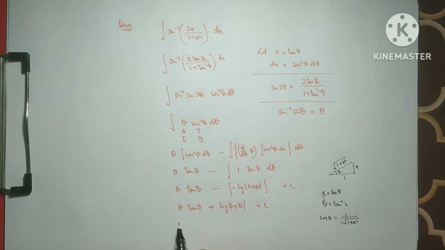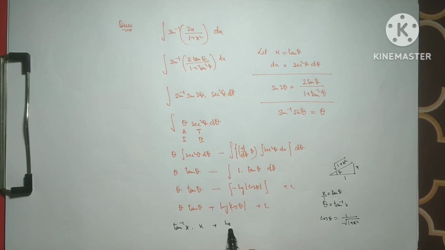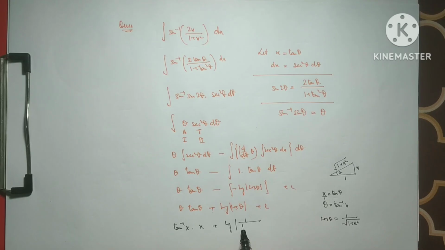So theta is tan inverse x and tan theta is x, plus log of 1 over under root 1 plus x square, plus c.